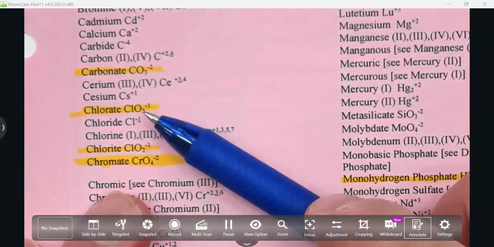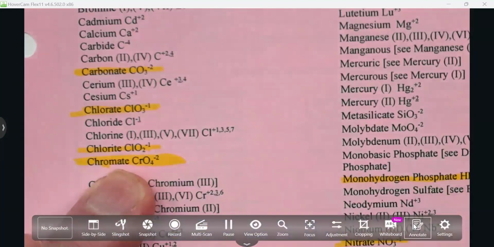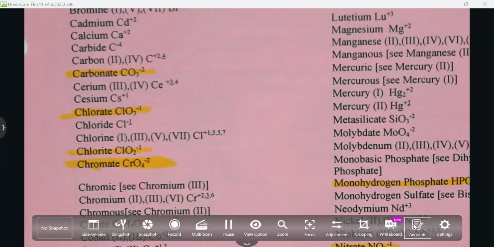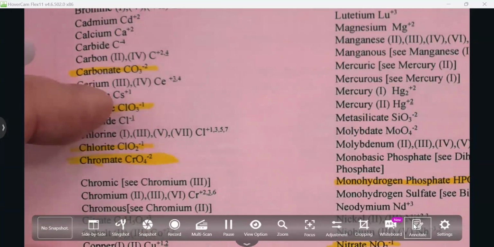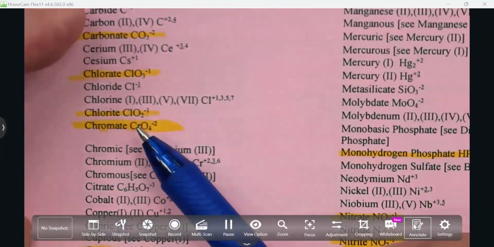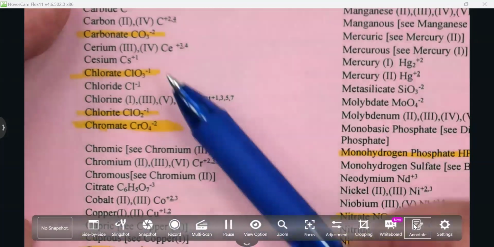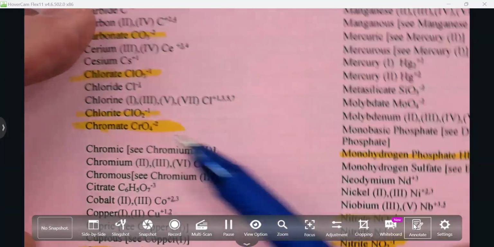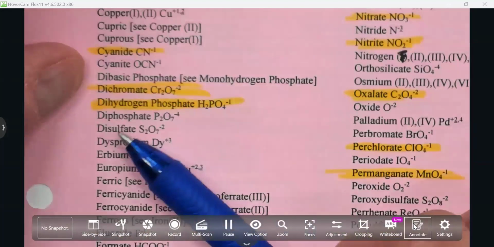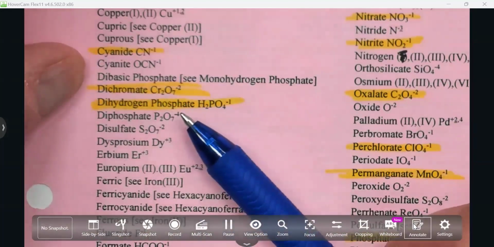Then carbonate, chlorate, chlorite, chromate. So we've got these 4. Okay. Cyanide, dichromate, dihydrogen phosphate.